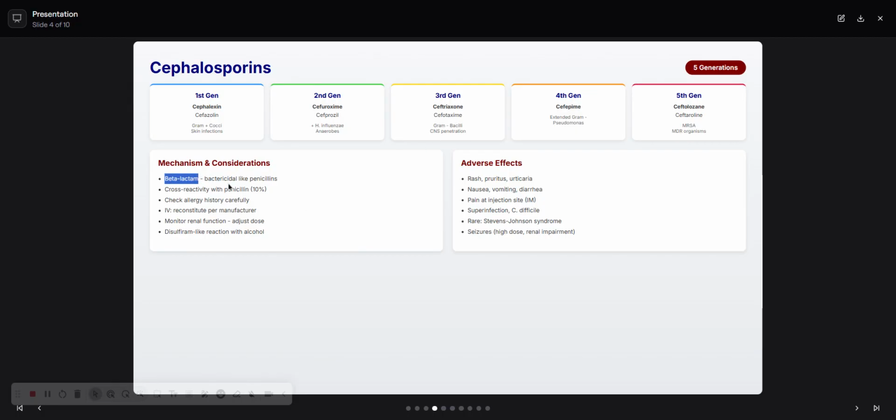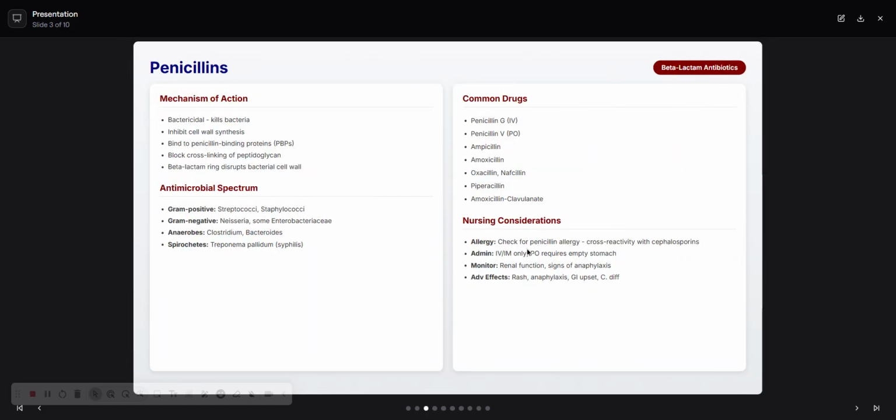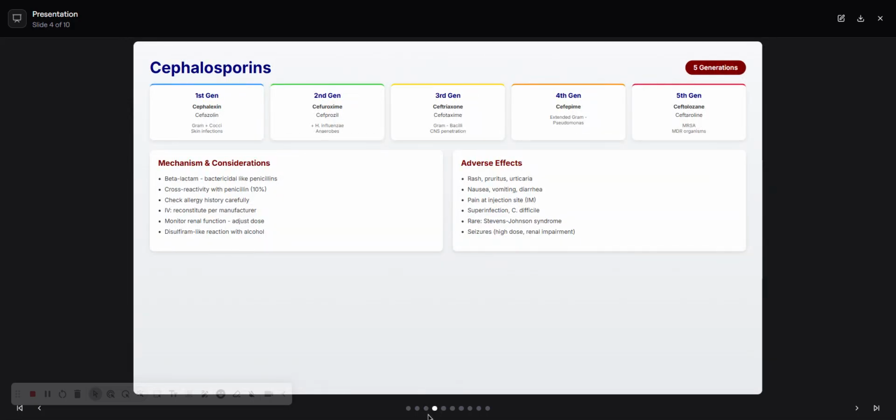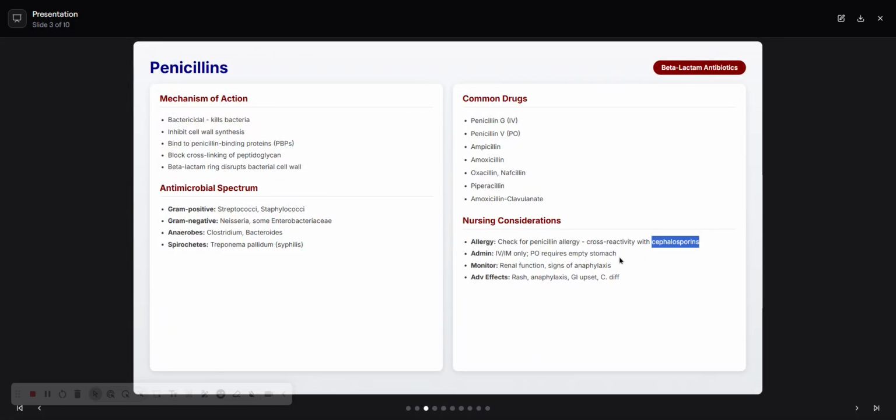It uses the beta-lactam ring to kill the bacteria. And because of this close similarity, if you have a penicillin allergy, you might have a cephalosporin allergy as well because they work so similarly. Vice versa, if you have a cephalosporin allergy, you will most likely have a penicillin allergy.